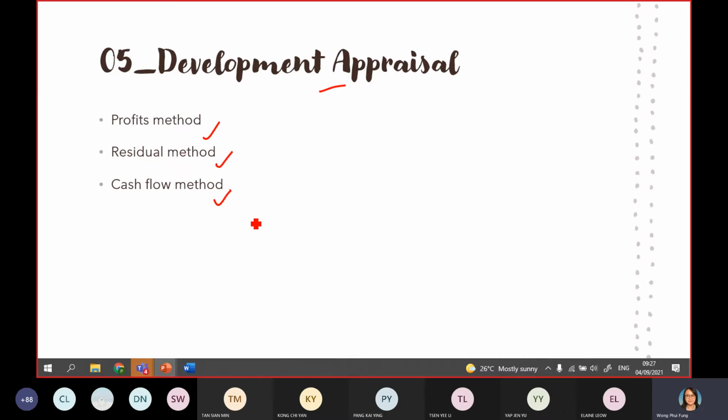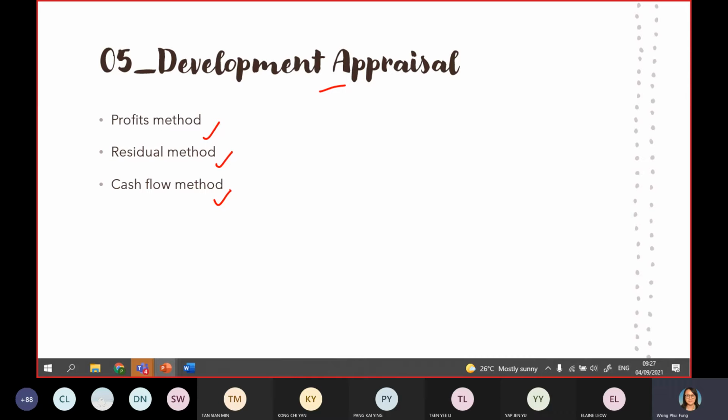And at the end of the chapter, I also introduced to you the cash flow method, which is actually better than the profit method and the residual method, because the cash flow method allows you to see the spread of the cash throughout the development period, like the first month, what are the costs incurred, second month, third month, and fourth month.